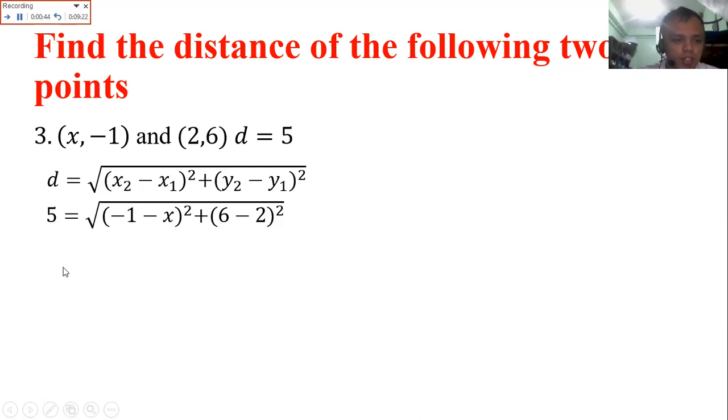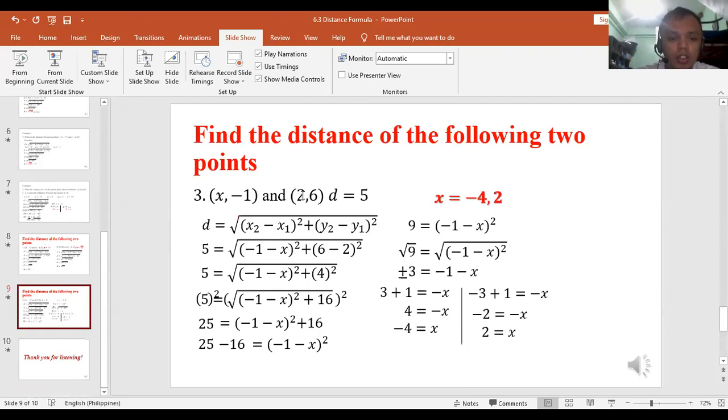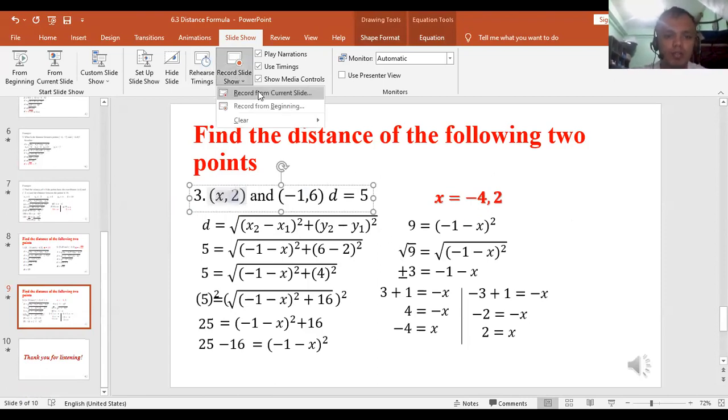Palitan natin, para lang maging tugma. Y sub 1 is 2. Baliktad kasi.